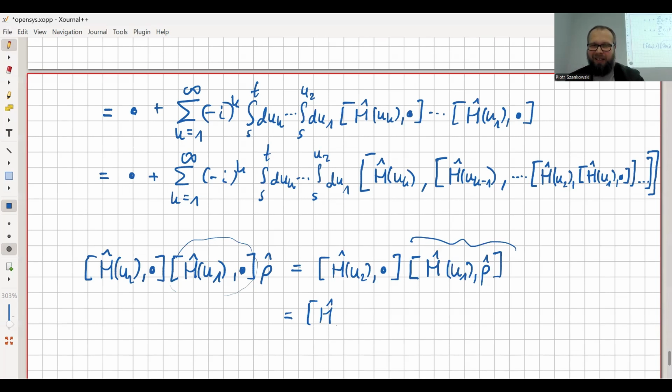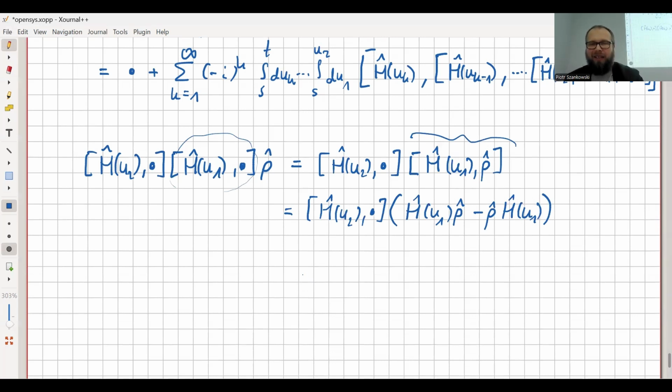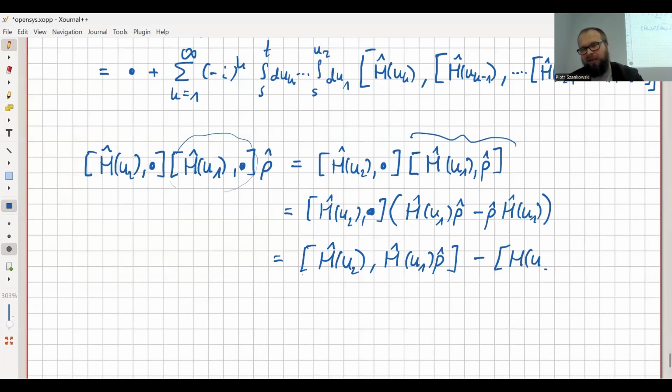So you can just write it down explicitly: H_{u_1} times rho minus rho times H_{u_1}. And superoperators are linear, so we know how to deal with the sum: H_{u_2} H_{u_1} rho minus H_{u_2} rho H_{u_1}.